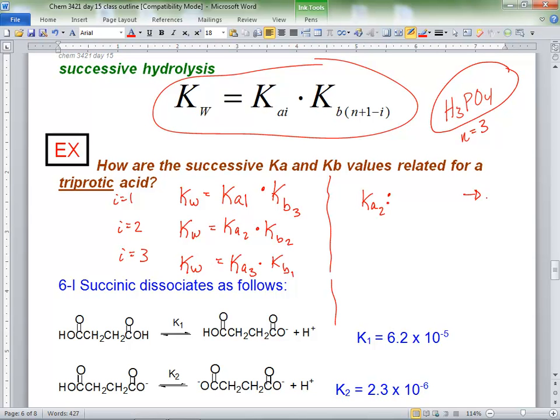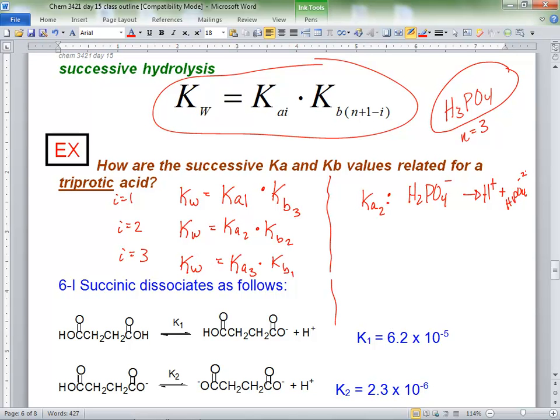Ka2 is going to start with H2PO4 minus, because you already lost one. This is the second acid dissociation constant. And that goes to H plus and HPO4 with a negative 2. Okay, that's the game that they're playing.